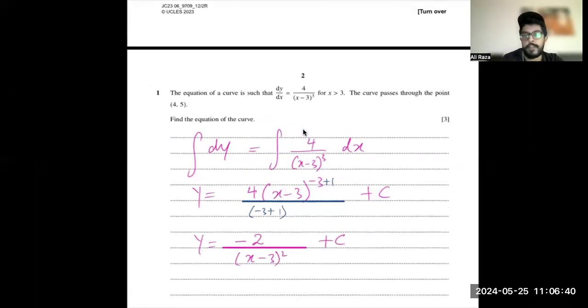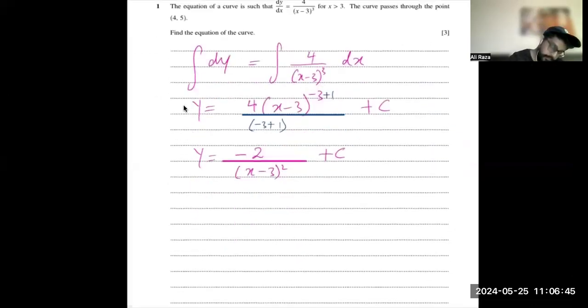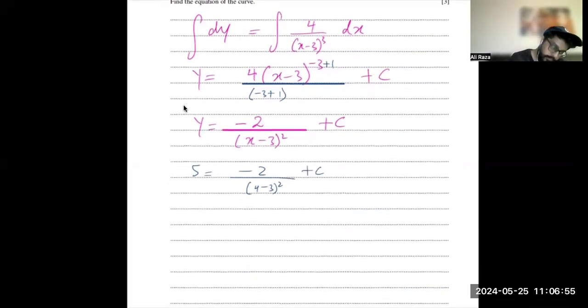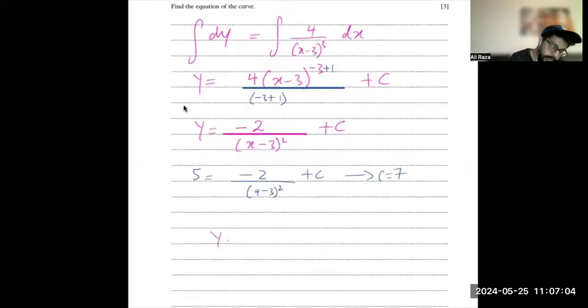Now to find the value of c, we use the given coordinate (4, 5). C comes out to be 7. So the equation for this curve would be y is equal to minus 2 over (x minus 3) whole square plus 7.